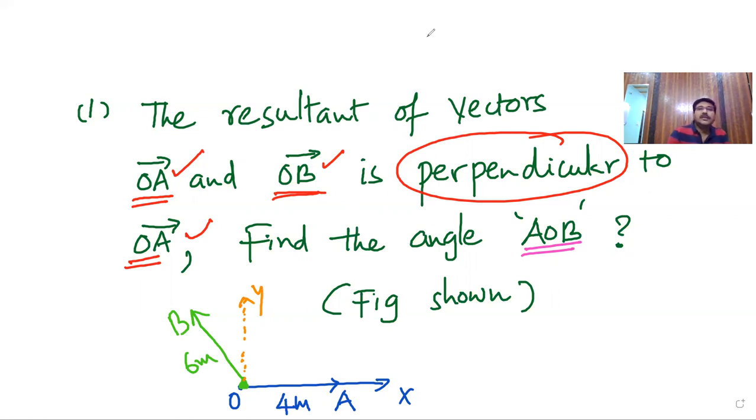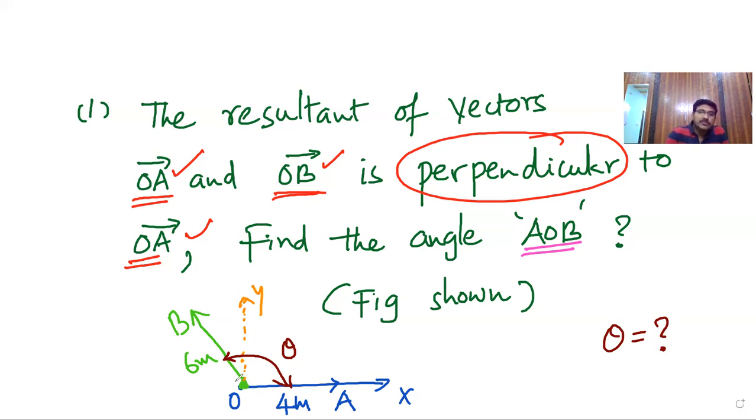Now he is asking what the angle AOB is. Let us say this is theta. That's the question. Understand carefully. OA bar is along the x-axis. OB bar is in this direction.